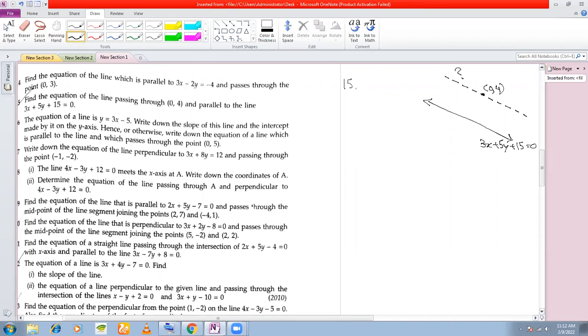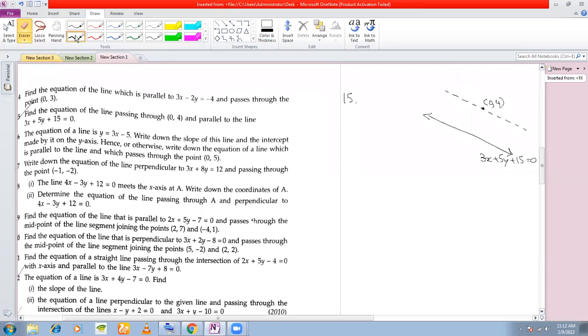So how will you proceed to find out? Let's see. First of all, because these two lines are parallel, right, that means their slope must be equal. So let's write this equation in the form y is equal to mx plus c.